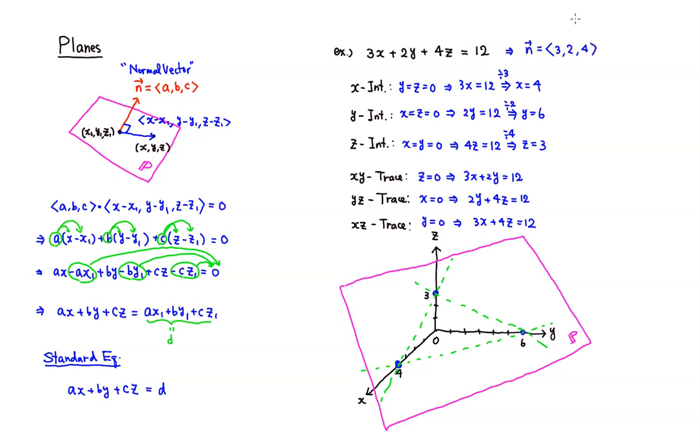So if you sketch the normal vector, it's going to look kind of like this. Here x is 3, so it's going to go through there, and y is 2, so it's going to go through there, and then 4, so it's going to be up here. So it's 3, 2, 4.